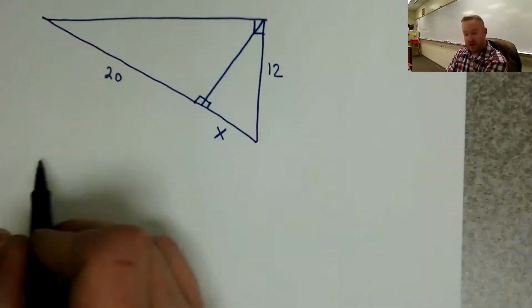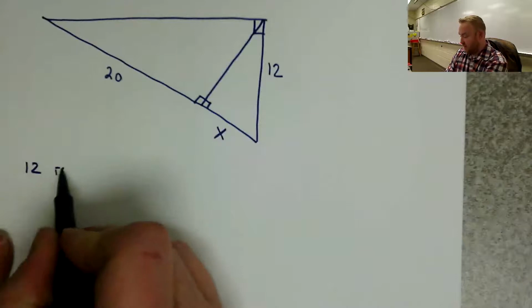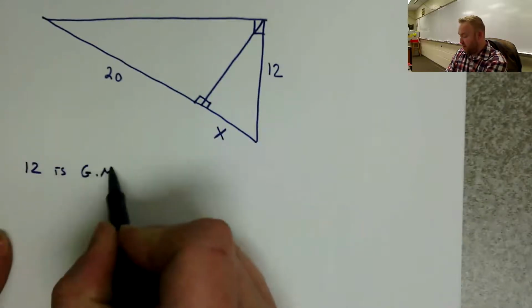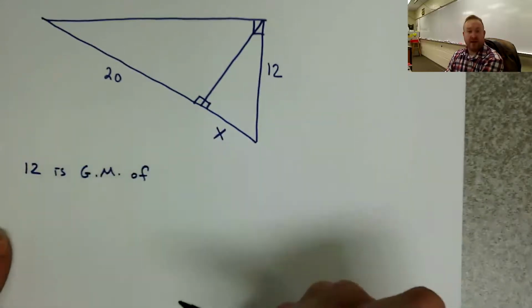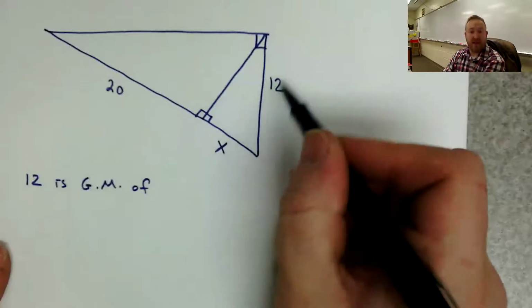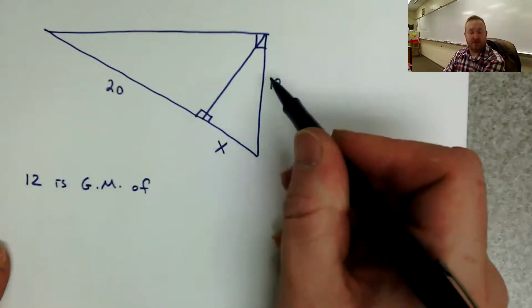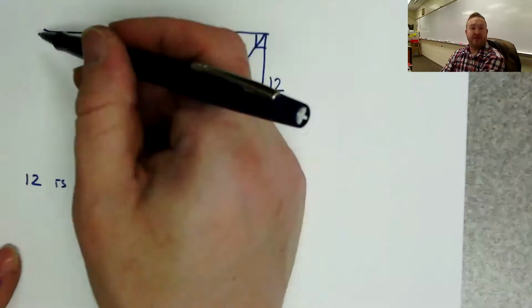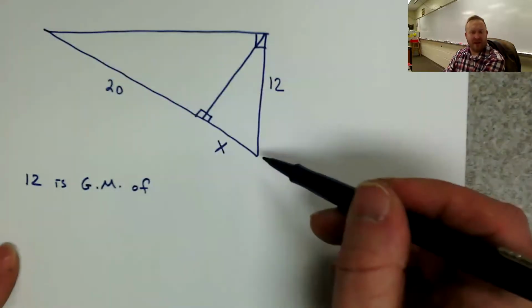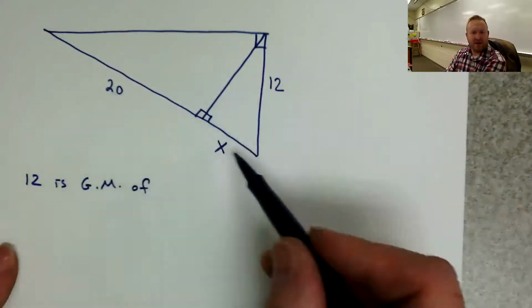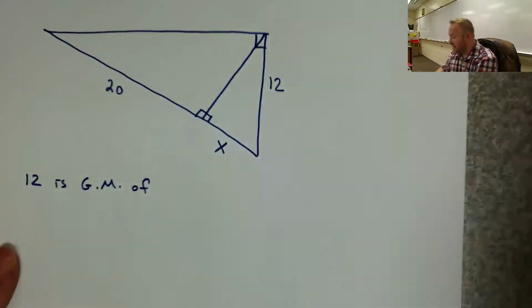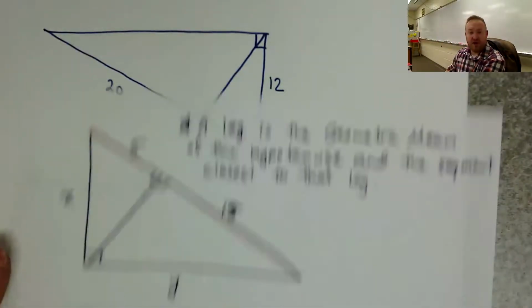12 is the leg. So 12 is the geometric mean of, okay, for this theorem, when we're using a leg, that leg is the geometric mean of the entire hypotenuse. Now, how am I going to get that? This is 20. This is x. Well, remember what we did last time to get that whole hypotenuse.